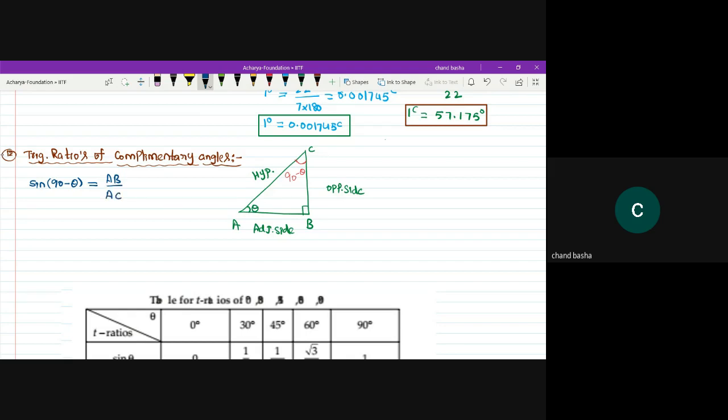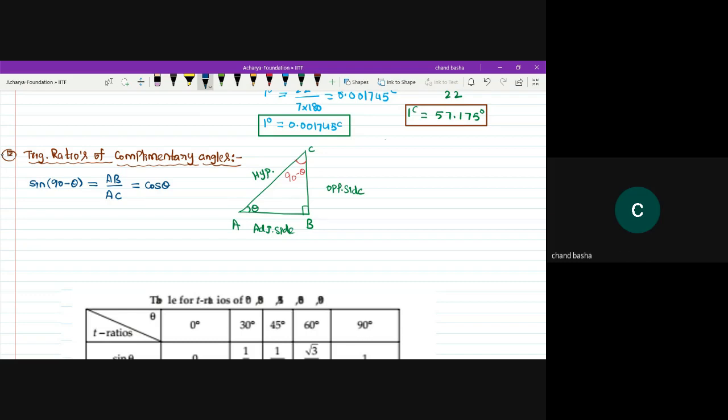According to the theta value, let us see cos theta. What is meant by AB upon AC? Is it cos theta or not?